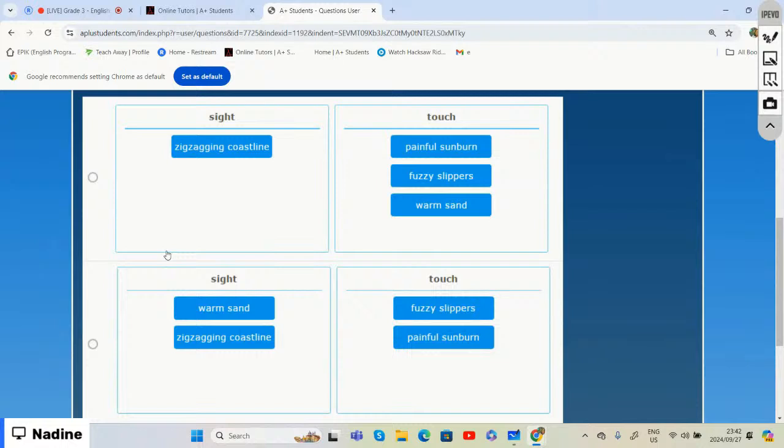So we need to choose either option one or option two. Is it option one, zigzagging coastline is something that you can see, and then the touch is painful sunburn, fuzzy slippers, warm sand?